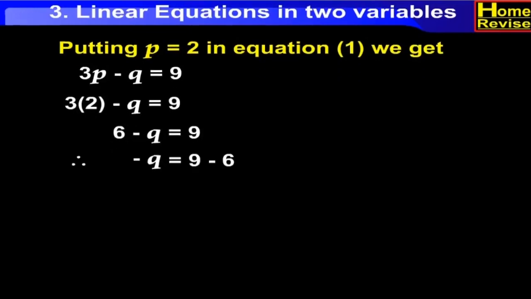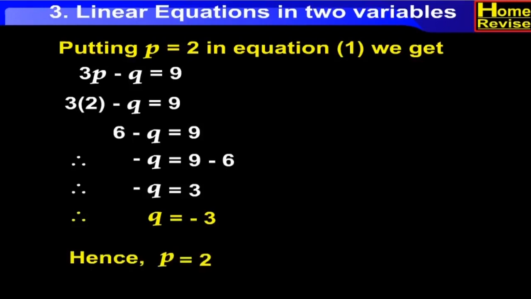Therefore, minus q is equal to 9 minus 6. Therefore, minus q is equal to 3. Therefore, q is equal to minus 3. Hence, we have p is equal to 2 and q is equal to minus 3.